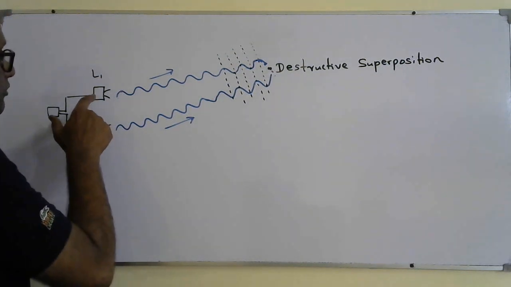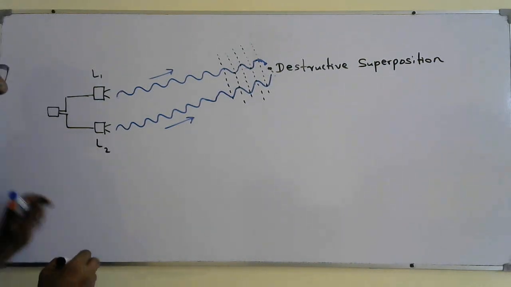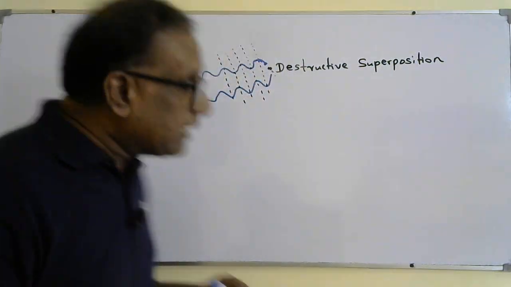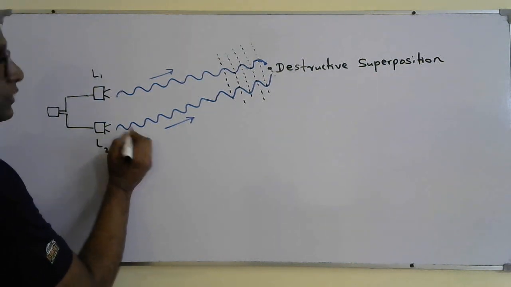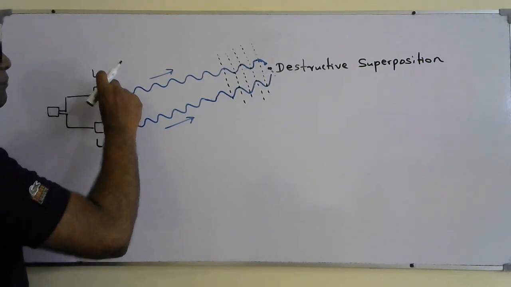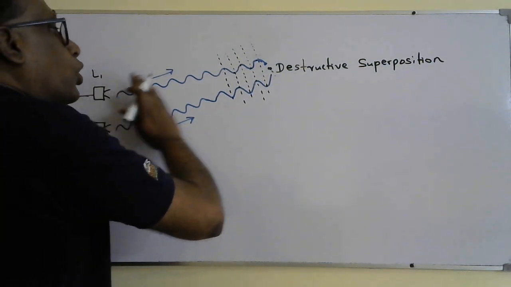Due to some reason, if the loudspeaker, either L1 or L2, changes its pattern of emission, then at the start the wave pattern will change the way of emission. So if the phase relationship between L1 and L2 randomly changes, that will affect the whole region.